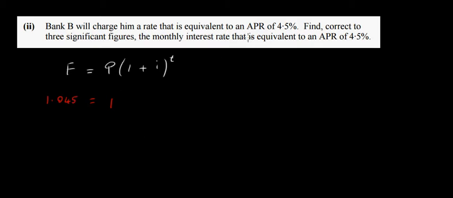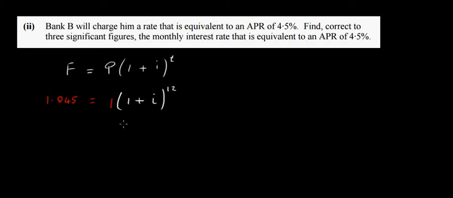So if I put €1 into this account at an annual rate of 4.5%, the final value after 1 year will be 1.045. Okay, so now remember, we want a monthly rate now, so we are now looking for this i here, and again our time period is 12 months. So how do we do this?